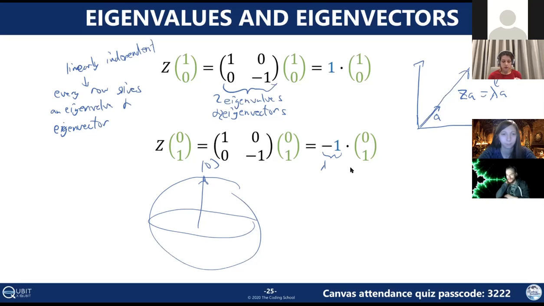Technically you can have more eigenvectors and eigenvalues. You could say, oh, I could also write this as half times 2, 0 instead. But this is the same vector. These are linearly dependent.